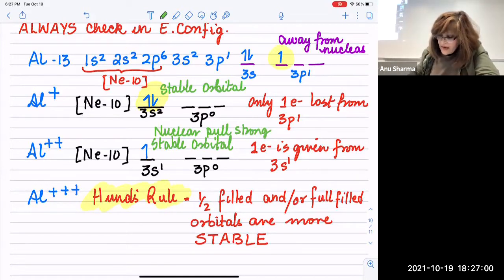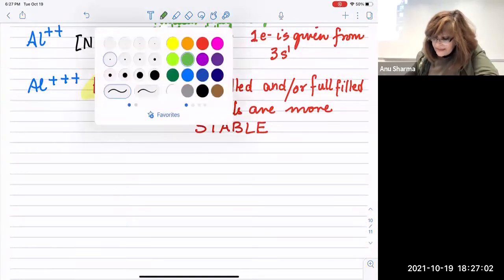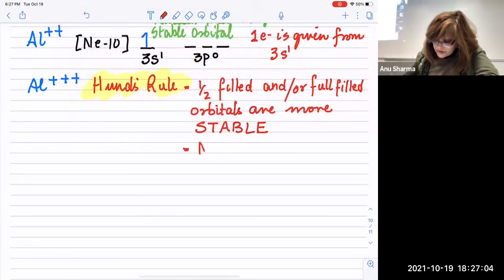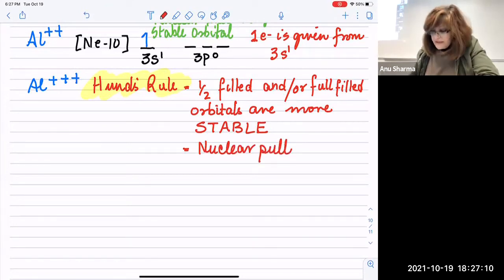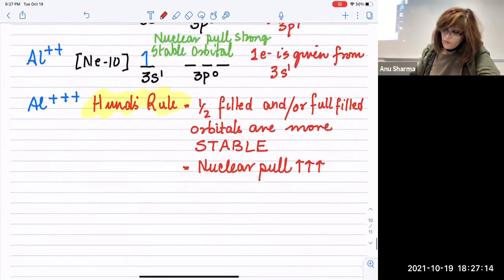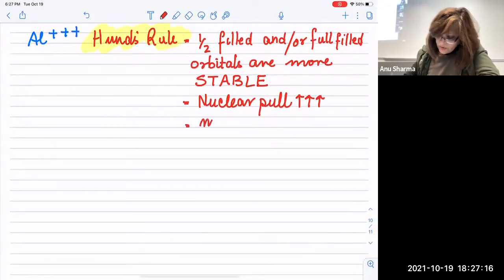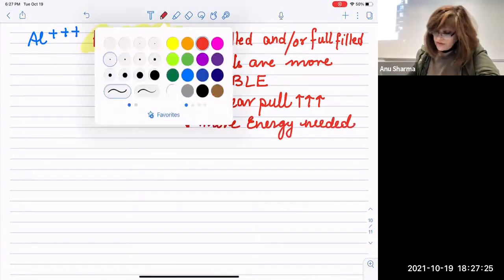So first is that half-filled orbital, and second thing is that the nuclear pull is also stronger. So because of that, to break that stability, that nuclear pull that's pulling it, more energy is needed. So that's like about 2000 times, in that range.